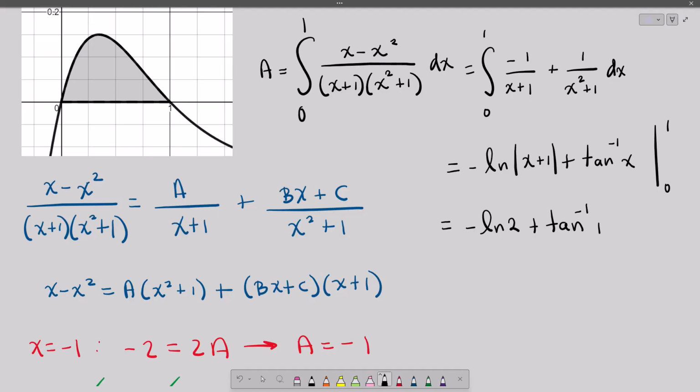And what happens when we plug in 0? Does that give us anything? Natural log of 1 is 0. Arctangent of 0 is 0. Exactly. Everyone's right on track.